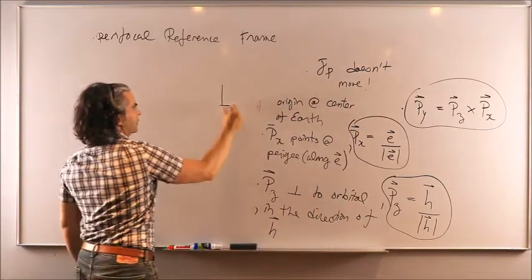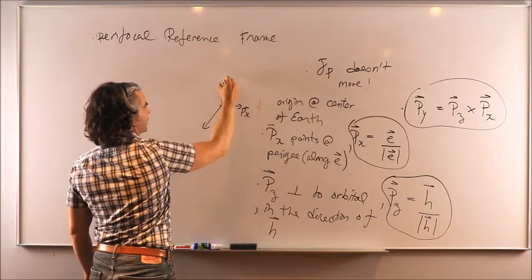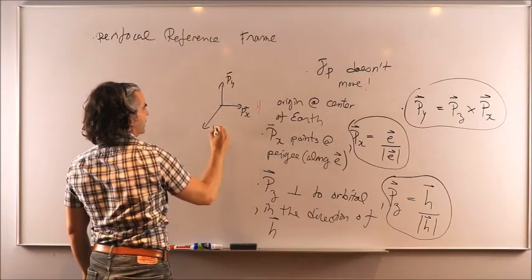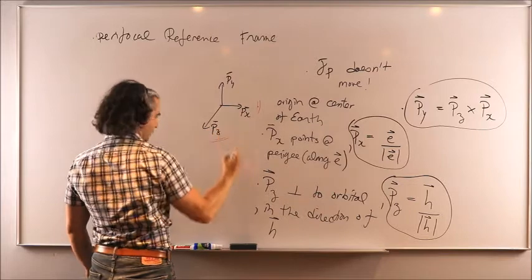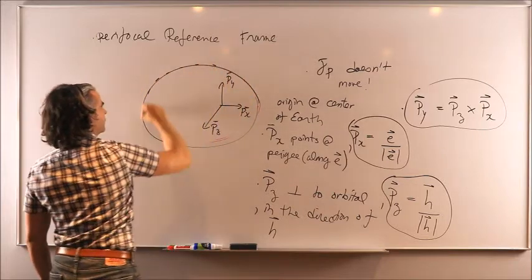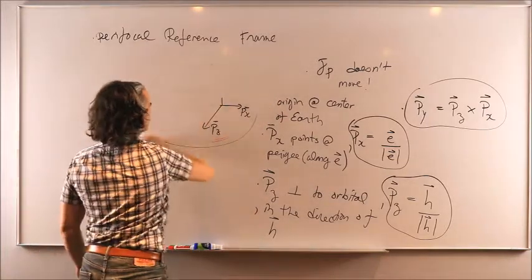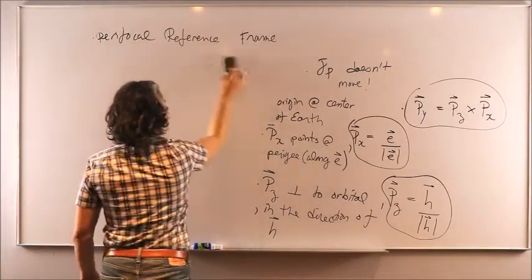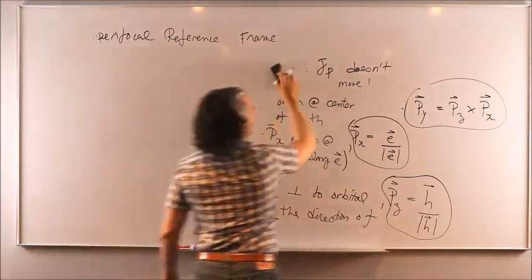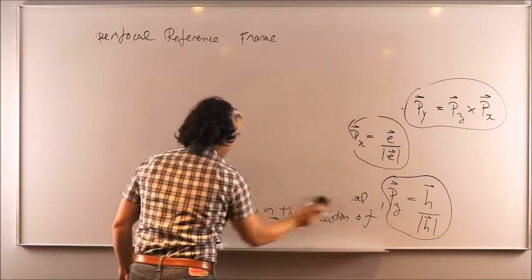Because the orientation of this frame is actually independent of the spacecraft position along the orbit. It will never change, okay? Now again, how is that helpful?